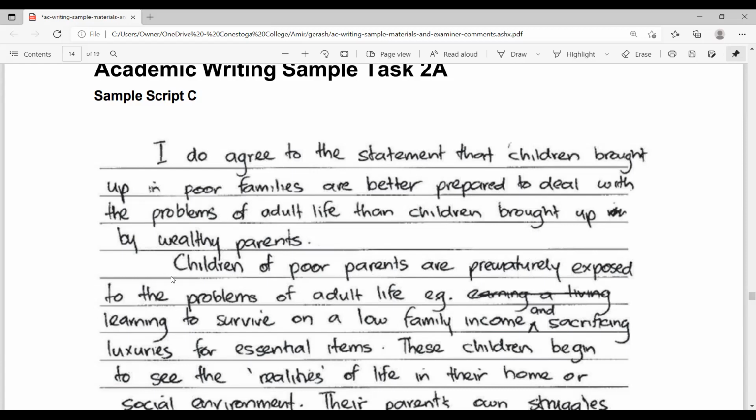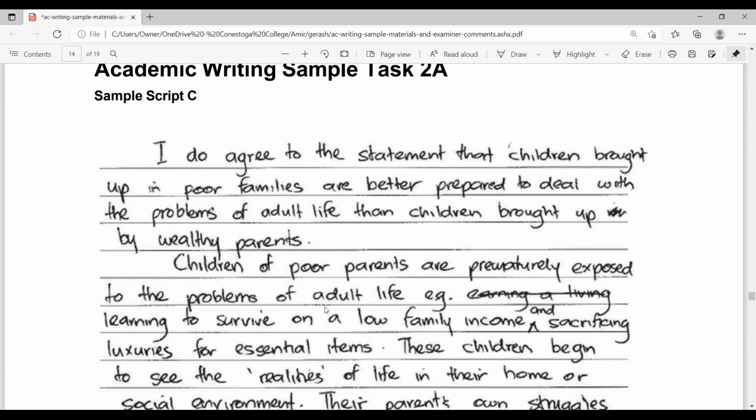So the first paragraph showing the agreement of the writer says children of poor parents are prematurely exposed to the problems of adult life. For example, learning to survive on a low family income and sacrificing luxuries for essential items.